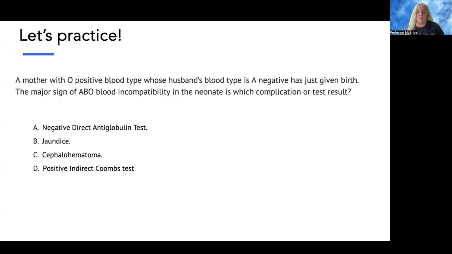Positive indirect Coombs test. Remember that the indirect Coombs is finding antibodies in the mother's blood. Direct Coombs test is if it finds the antibodies on the baby's red blood cells. So of these choices, the major sign of ABO blood incompatibility in the neonate, the answer would be B, jaundice.